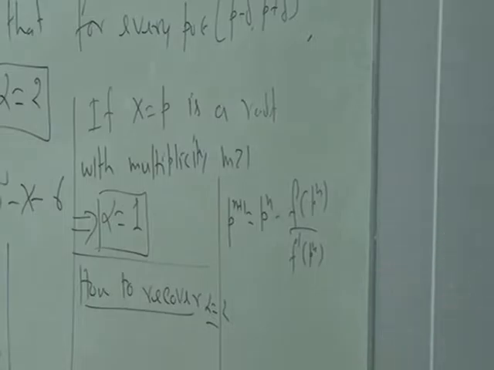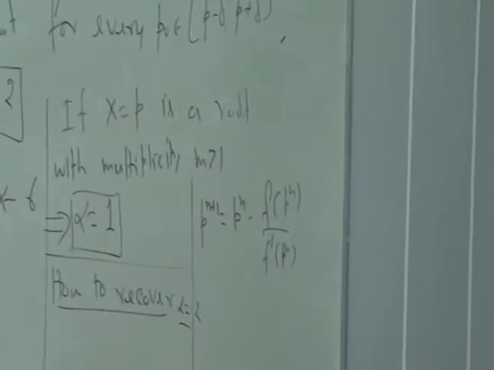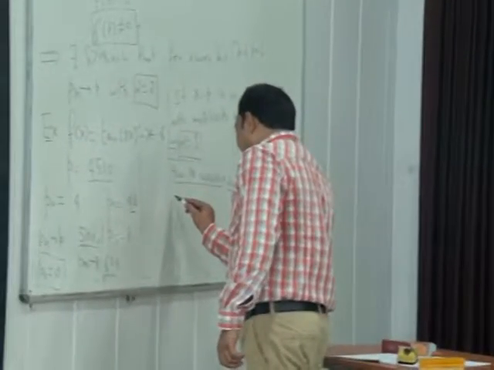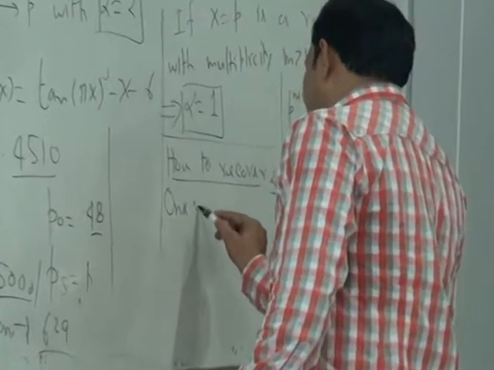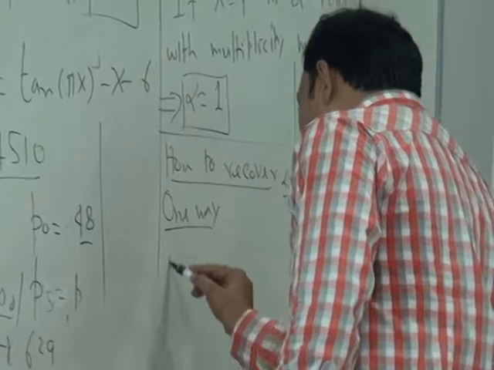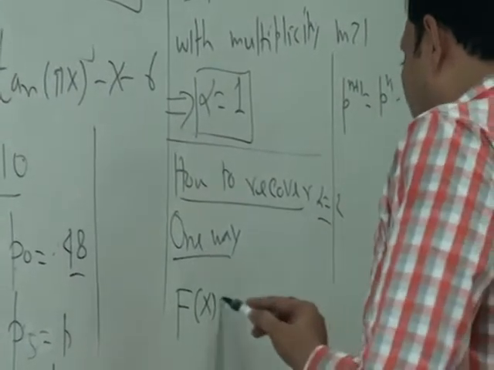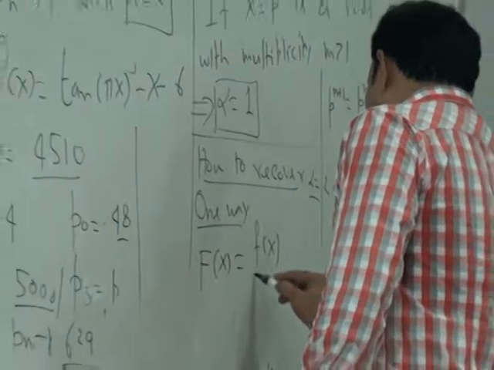So there are two ways. Either I change the function itself or change the scheme itself. Changing the function is what? For a moment, one way is, I will write f(x) equal to f(x) divided by f dash (x).